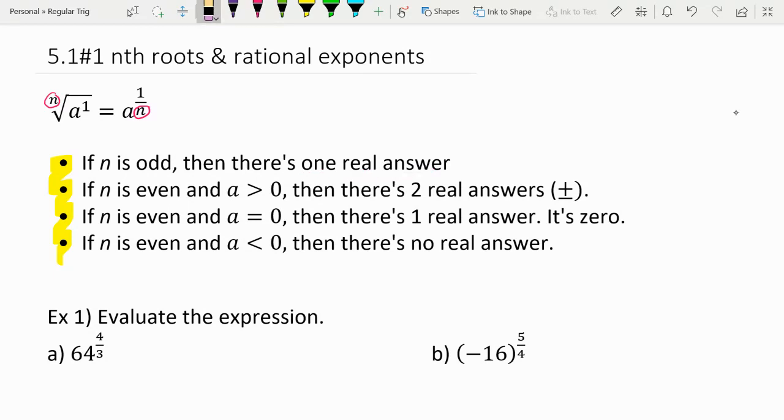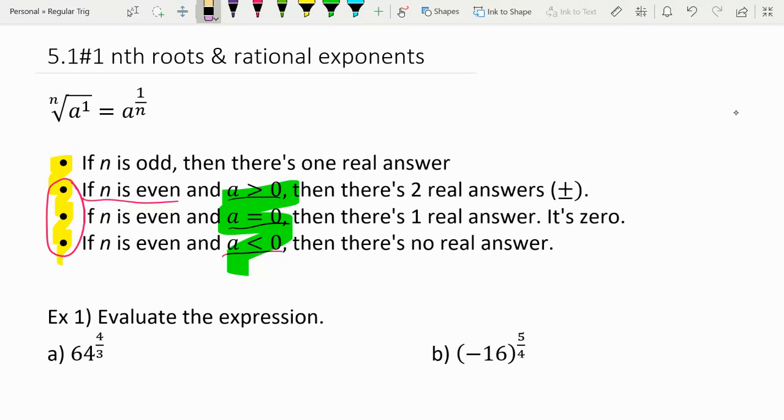Then, for the second one, if n is even, you're going to notice that in all three of these n is even. What's going to make the difference is a. So the very first thing I'm looking at is n: is it odd or even? Then if it's even, I have these three things to worry about.